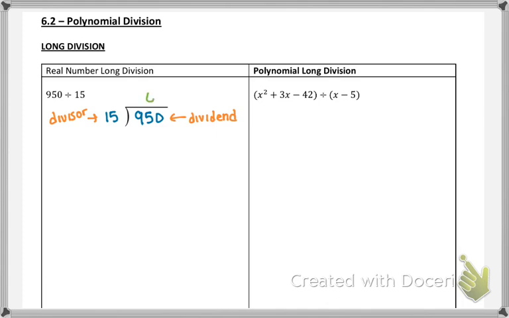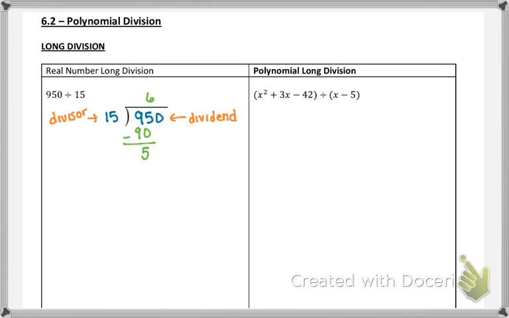It's going to give me 6 eventually. 15 times 6 gives me 90. Okay, and then we're going to subtract, right? 15 times 6 is 90, so we multiply the 15 and the 6, which gives me 90, and then we would subtract. So 95 minus 90 would give me a 5.